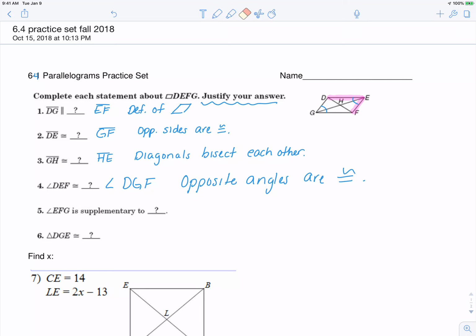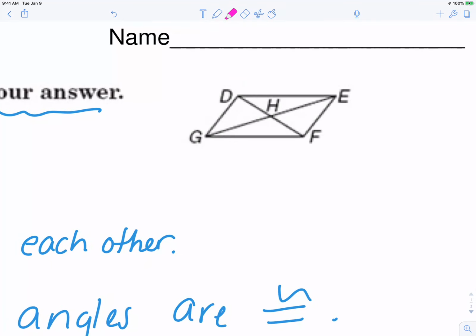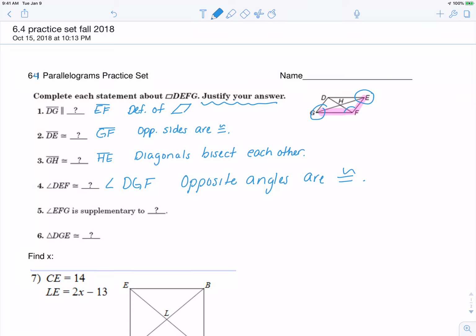All right, next we have angle EFG. What is it supplementary to? So what is this angle supplementary to? Well, it's supplementary to either of the adjacent angles or consecutive angles. So either all of angle E or all of angle G. You could have said either one.